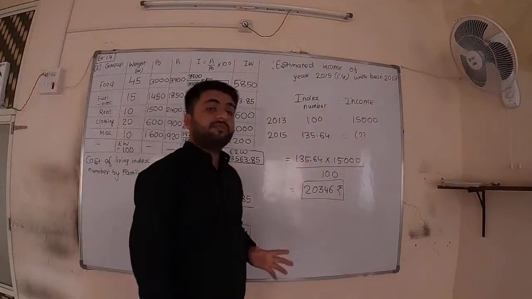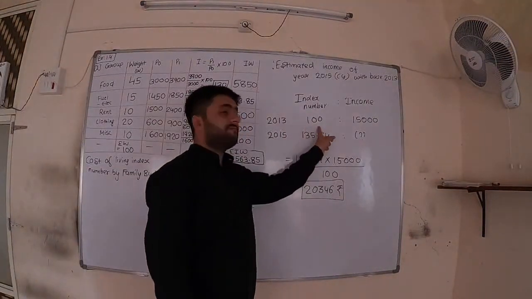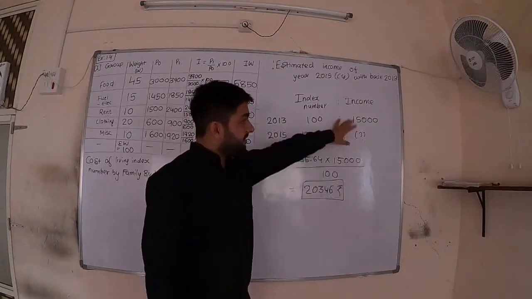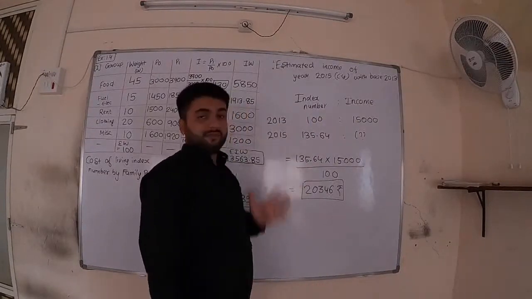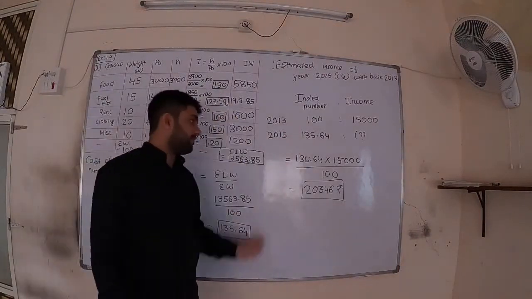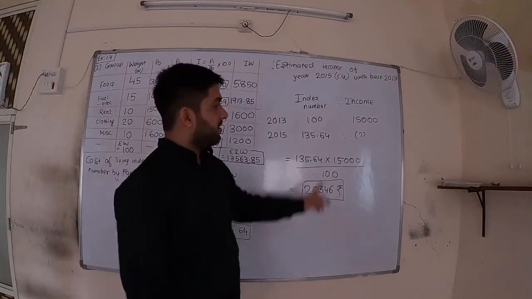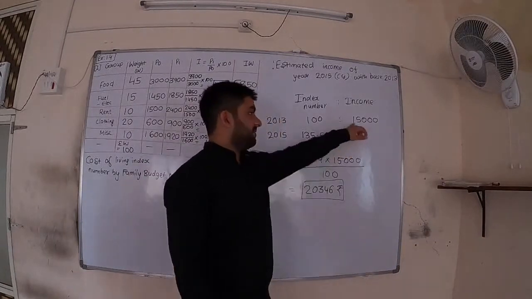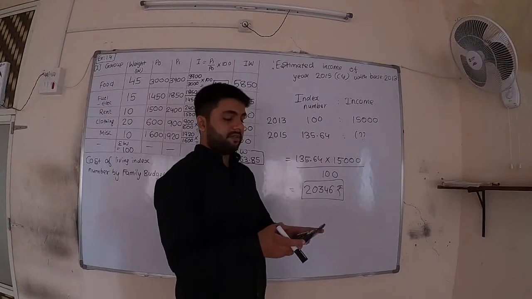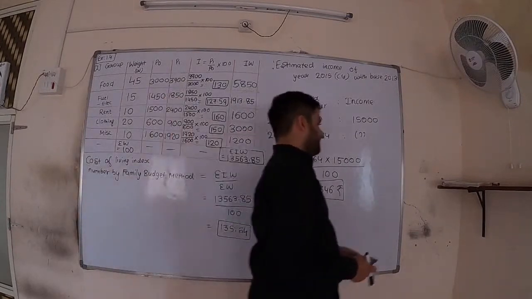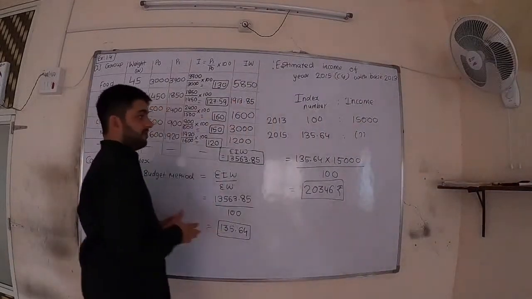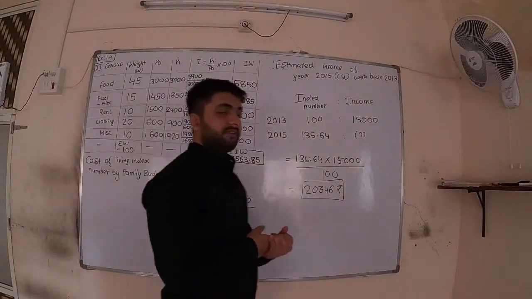Income is given as 15,000 for 2013. We want it for 2015, whose index we have calculated as 135.64. So multiply both, divide it: 135.64 into 15,000 divided by 100 is exactly 20,346 rupees. Okay, so this was about the new method which we have seen today.